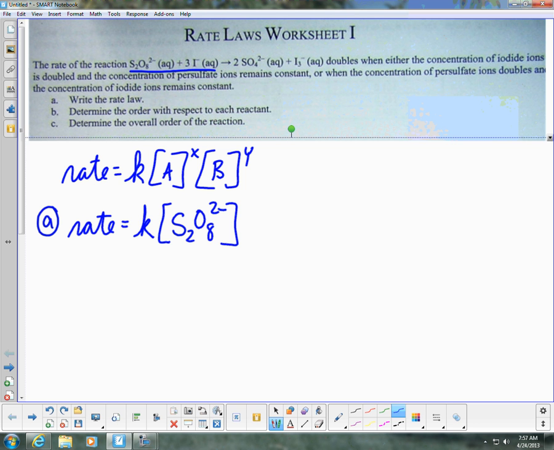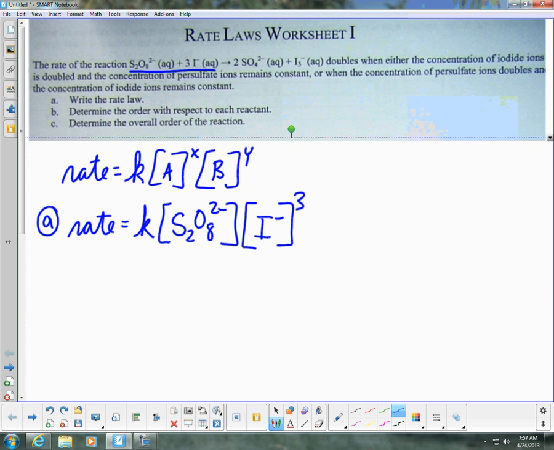We don't write 1 coefficients. Times the concentration of I- to the coefficient, which is 3. This is our prediction. It doesn't mean it's correct, but it's our prediction.